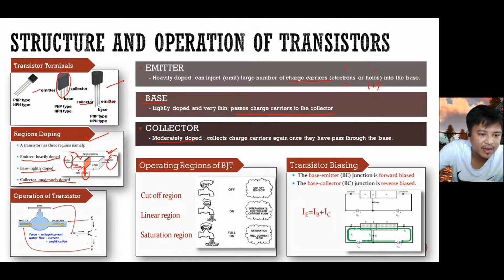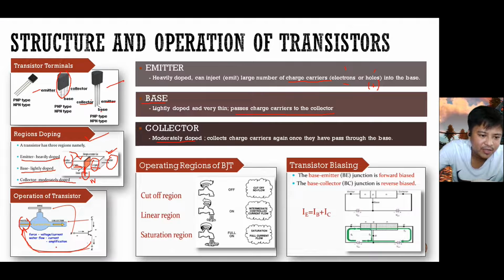Both the emitter and collector are p-type, and the base is the n-type. So this is a PNP type. What is the function of these regions and terminals? Basically the emitter is the main force of this circuit.